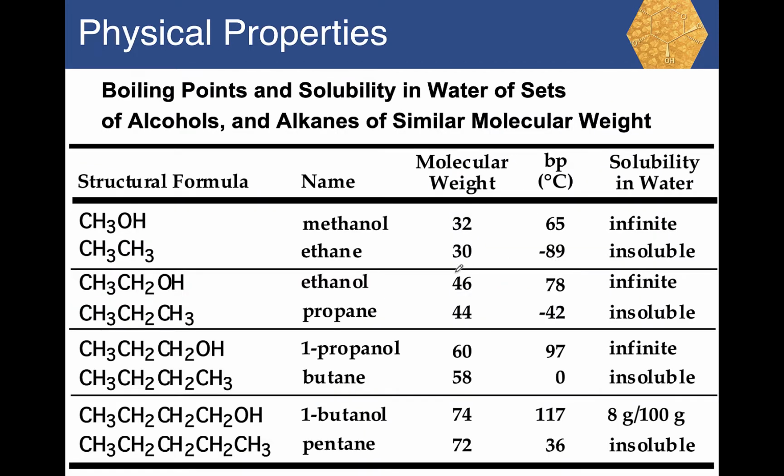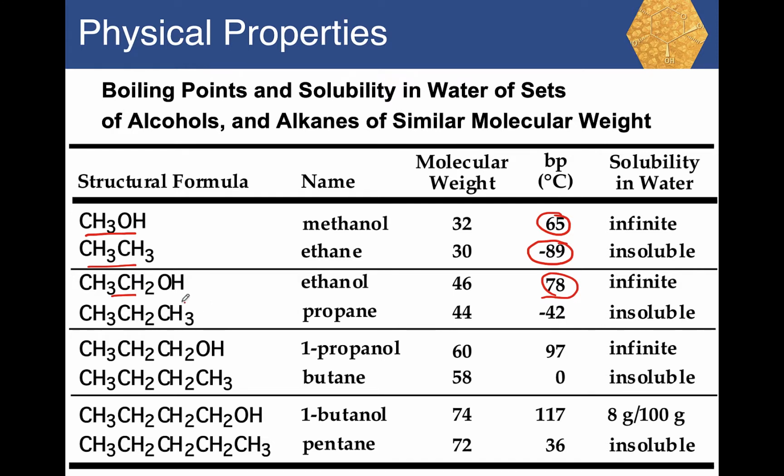So let's do the comparison. You can see here, methanol and ethane have about the same molecular weight, but look at the boiling point: 65 degrees for methanol and minus 89 for ethane. It's a gas at room temperature. The same applies for just one more, ethanol, with a boiling point of 78.